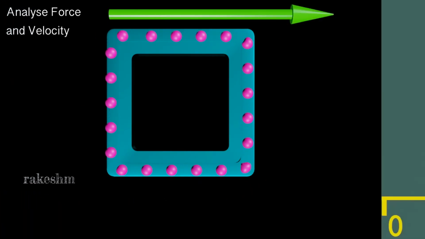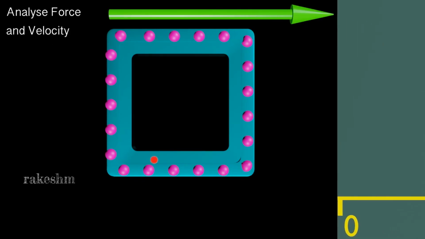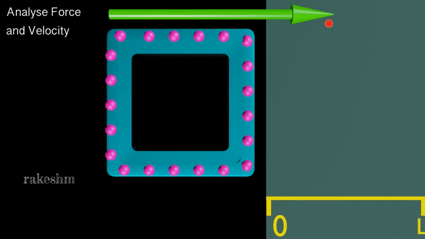Let us next analyze the velocity of the loop. We have been told in our question that a sufficiently large velocity is given to the loop so that it crosses the magnetic field. So this arrow here represents the velocity of the loop. The variation in velocity of the loop can be predicted from the force acting on the loop. So as there is no force, the velocity is constant.